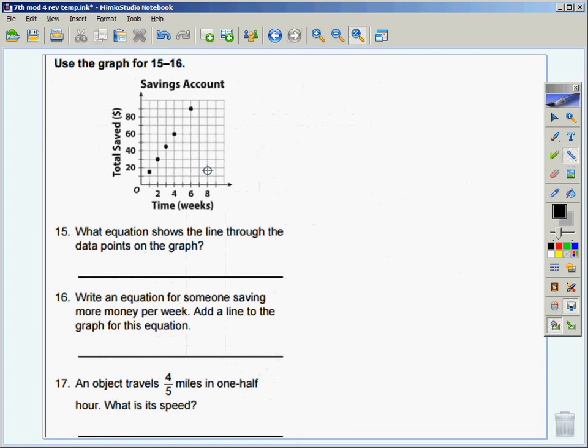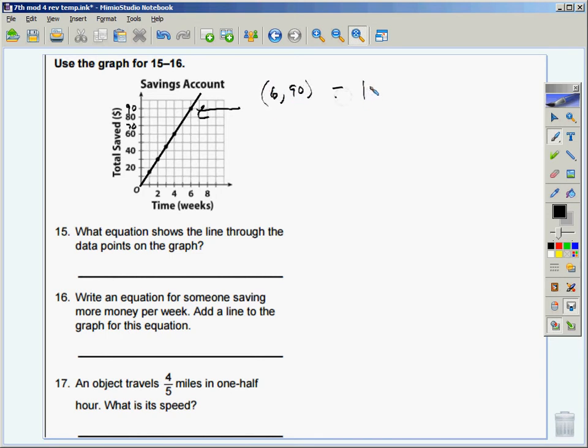In number 15, again, you'll notice they gave me a proportional relationship. All I need to do is find one ordered pair that I can clearly see passes through a corner. Since these are going by tens up, this would be 70, this would be 90, this would be the ordered pair 6, 90.